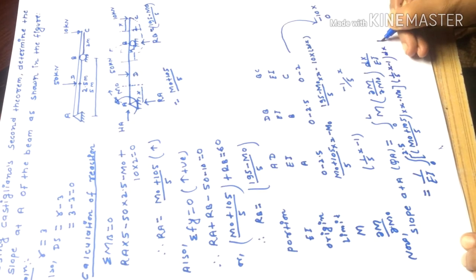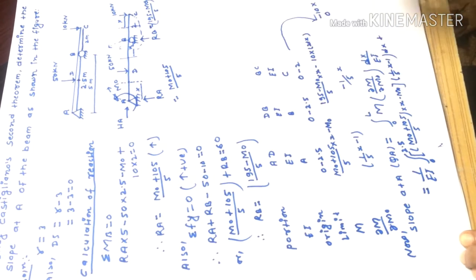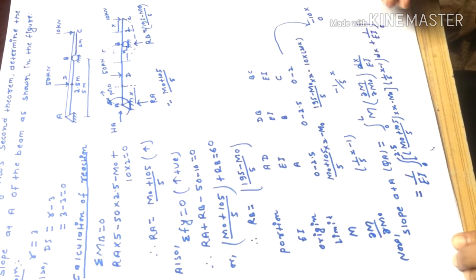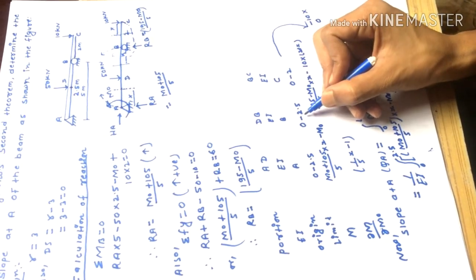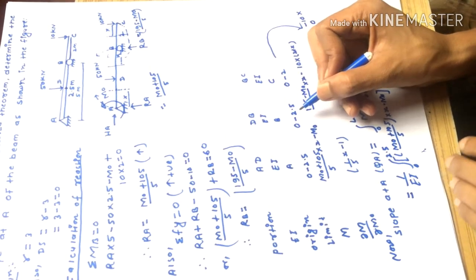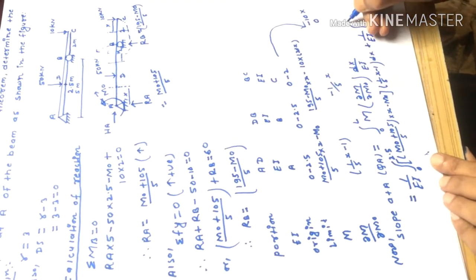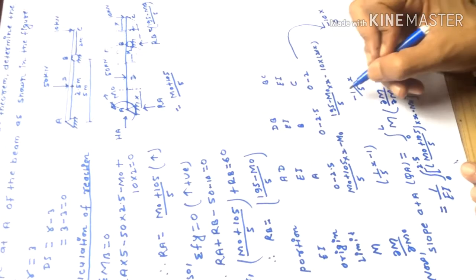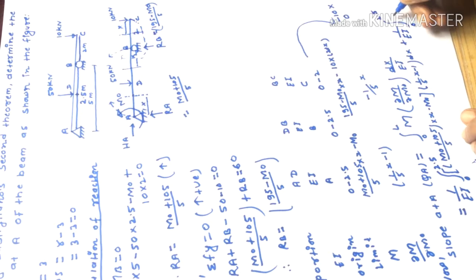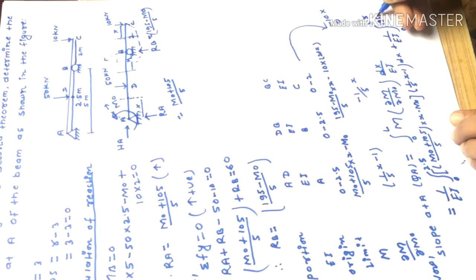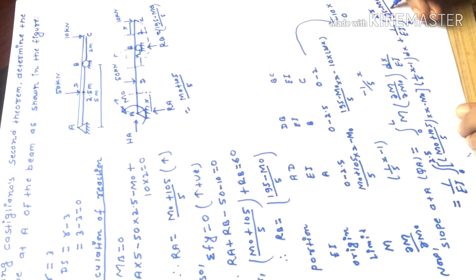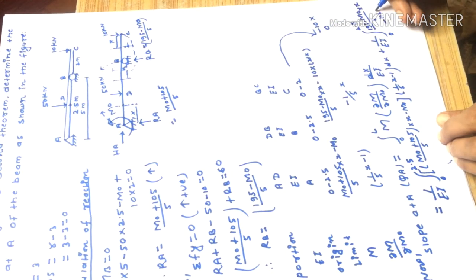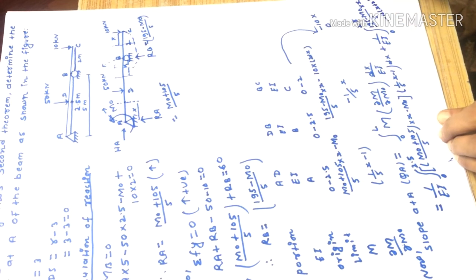Also for portion DB, 1 by EI is taken outside. Our limit is 0 to 2.5. Let us put the value of M, which is (195 minus m naught) divided by 5 into x minus 10 into (x plus 2).